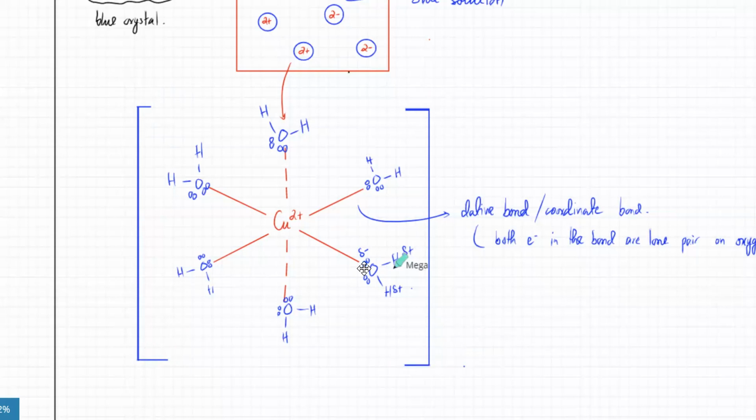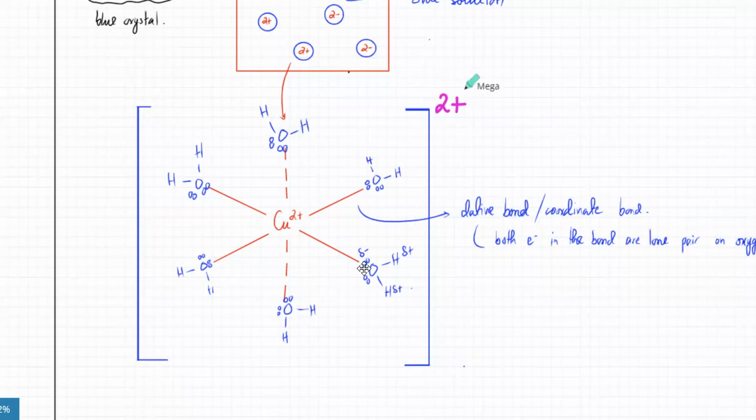And this entire thing will have a charge of 2 plus.